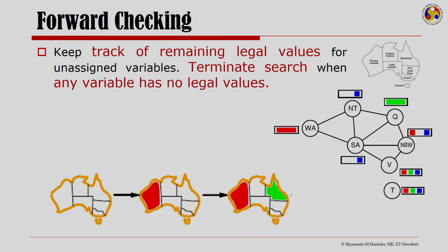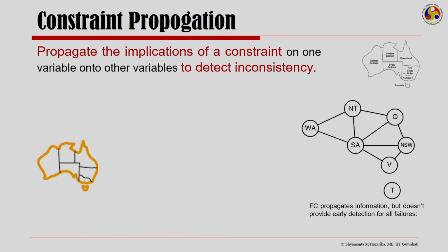After we have now decided to color V blue, we see that we are left with no legal colors for SA, and the search must thus terminate. Forward checking propagates information, but does not provide early detection for all failures, as we will see when we look at this newer idea of constraint propagation.